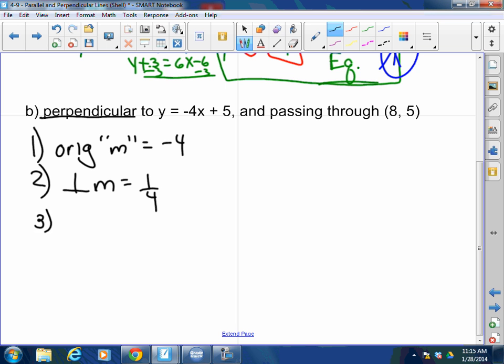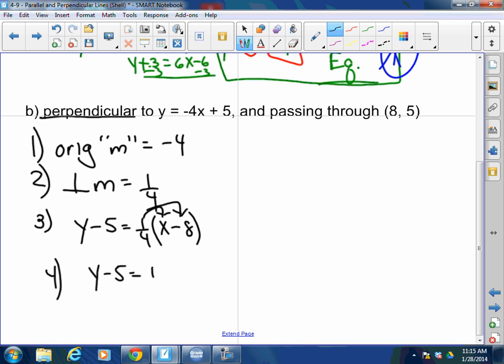Point slope form. Y minus y1 equals m times x minus x1. Step 4. Solve for y. Y minus 5, and please remember to distribute, equals 1/4 x minus 2.